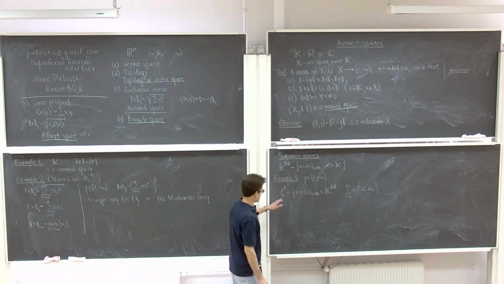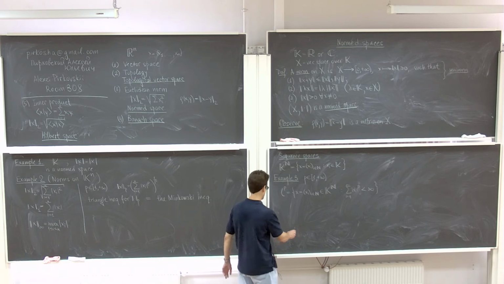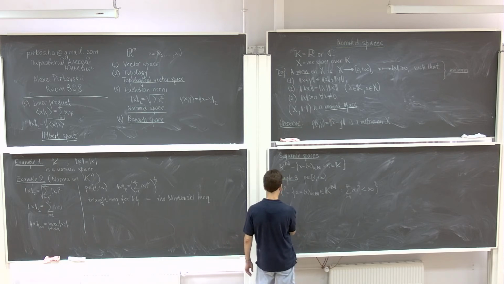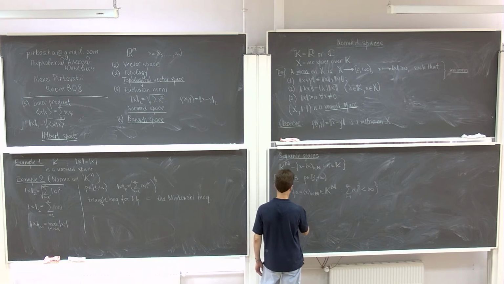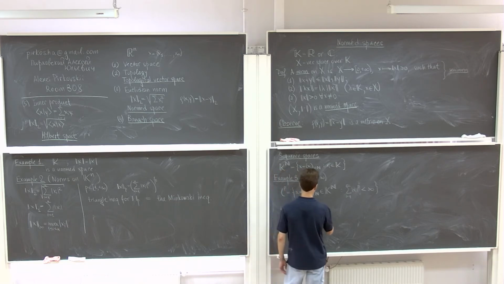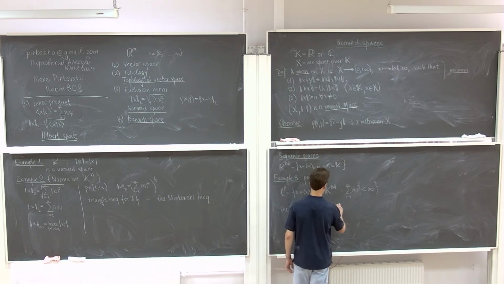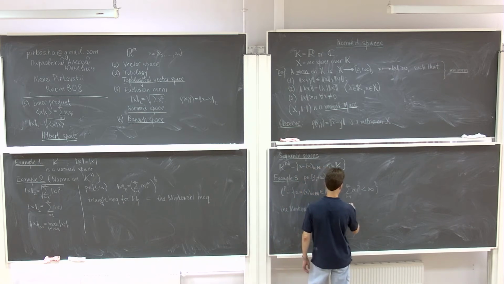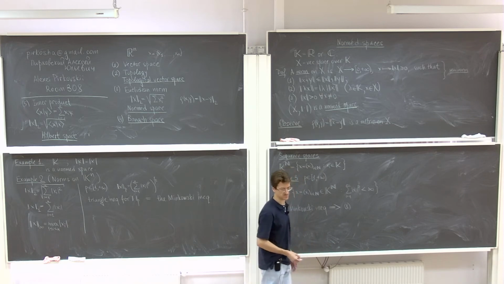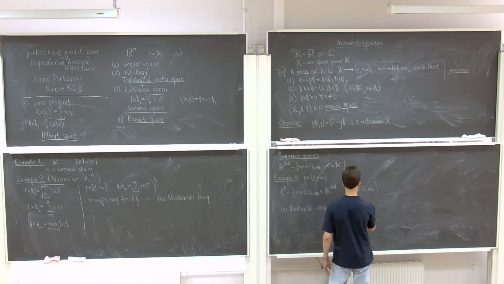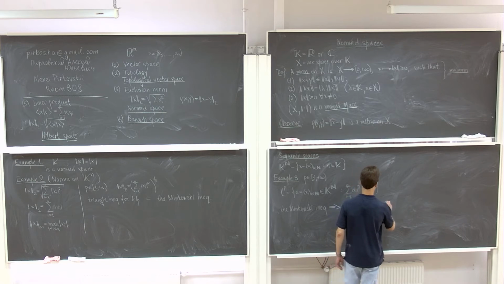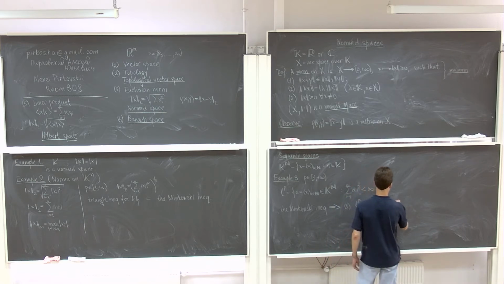So what can we say about this space? It's easy to see that if we use the Minkowski inequality, then we can easily deduce that, first of all, this is not just a set, but this is a vector subspace in K^N. l^p is a vector subspace in K^N.